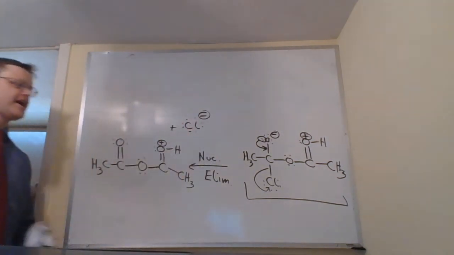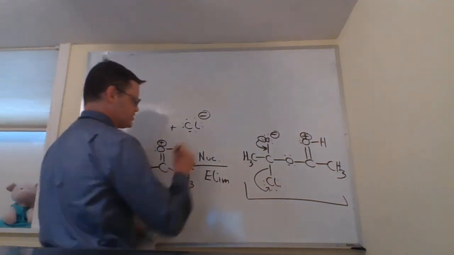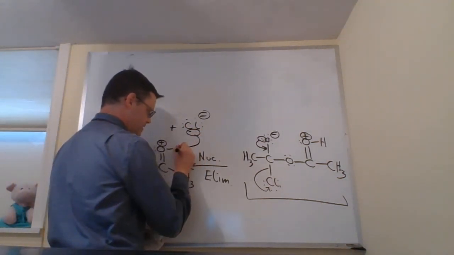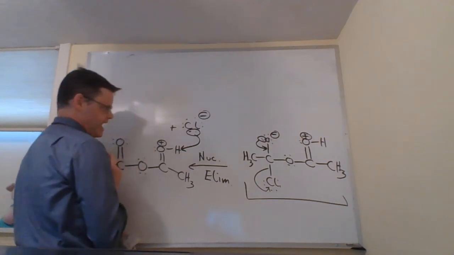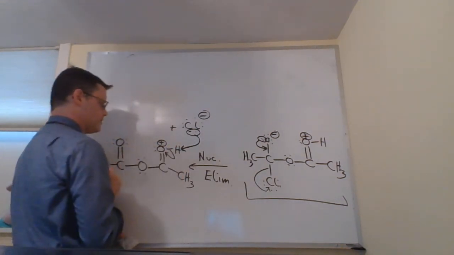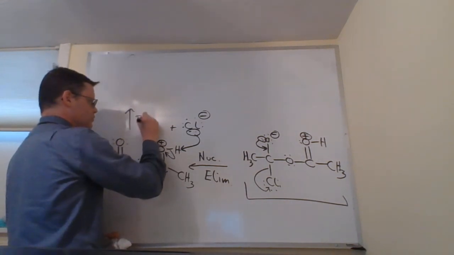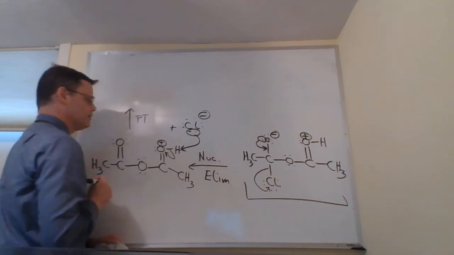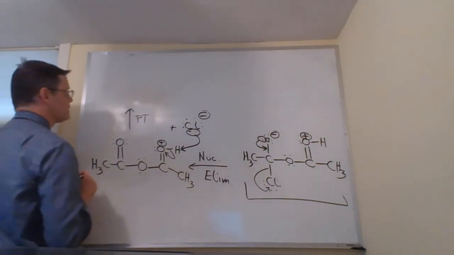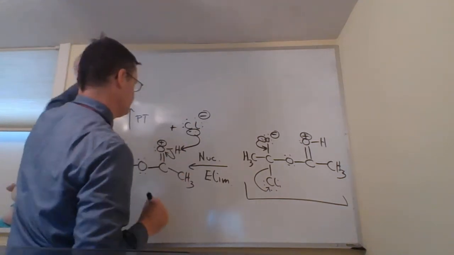All right, and then we're going to have one last step in this mechanism. That's going to help us get rid of that plus charge on the oxygen, and that is our chloride ion is going to act as a Bronsted base. We're going to pluck off that proton. We call that a proton transfer. We're transferring a proton from one molecule to another, or from this molecule to an ion in this case.